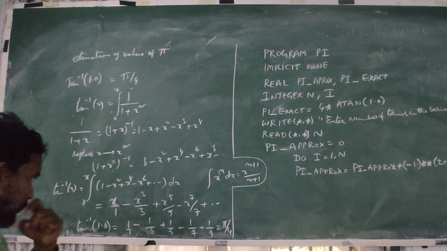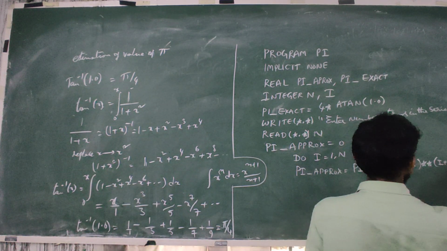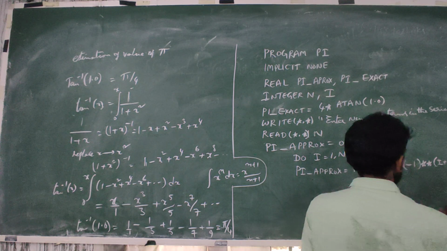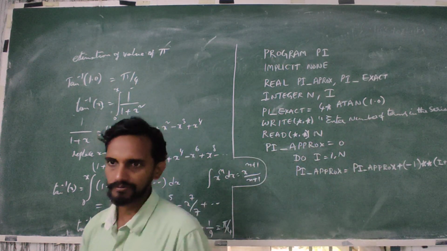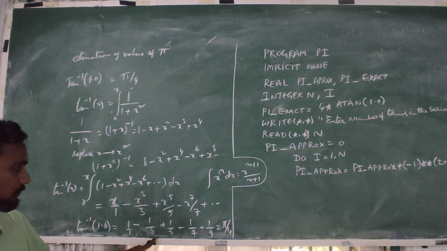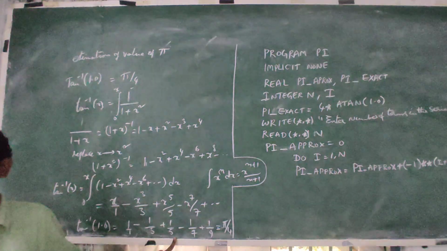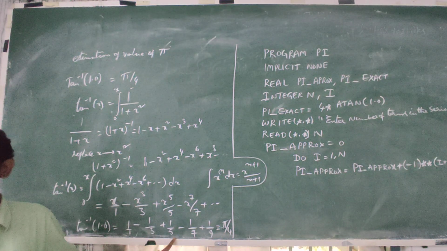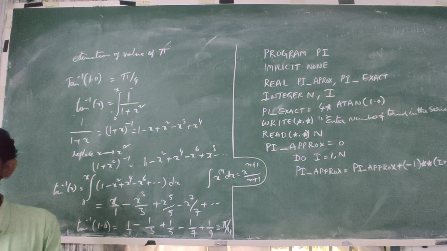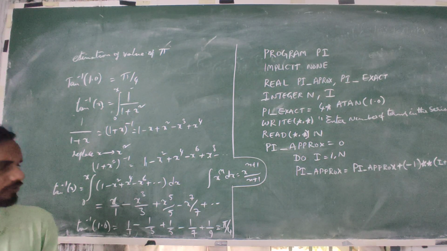Then we have to generate all odd numbers. When I is equal to 1, it is 1. I becomes 3, you have to generate 5. So what is that? 2i minus 1, right?